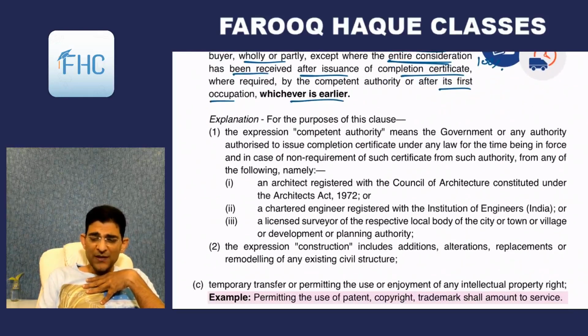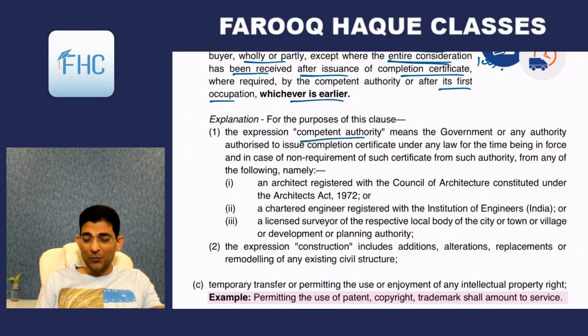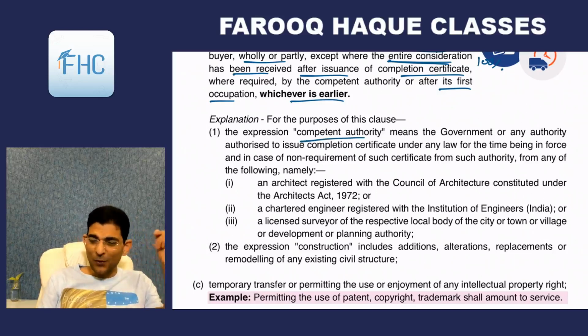So come back, and then a few explanations are given. That is all simple, nothing to be read there. Competent authority. Who is the competent authority to give the completion certificate? You don't have to worry about it, the government will worry about it. Just read it once. The architect or the chief engineer, chartered engineer, and so on and so forth.